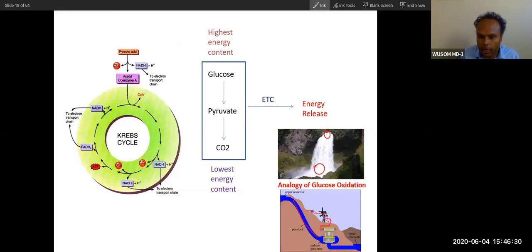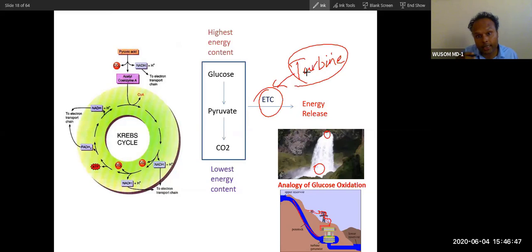It will convert into electrical energy. In the same way, our body has the capacity to tap this energy, and it is tapped by the electron transport chain. The electron transport chain functions like a turbine, and it also has a rotating turbine. So it is very interesting to note this.